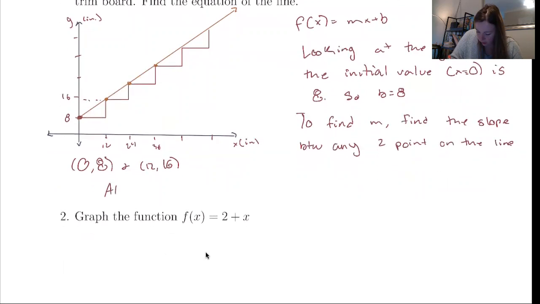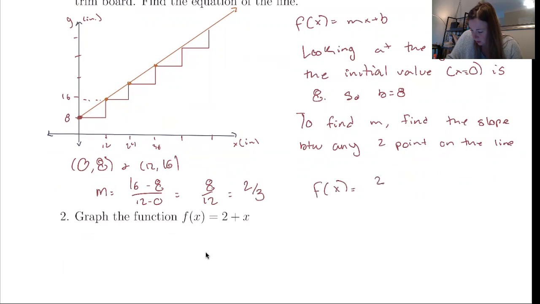So I can find my average rate of change, or we can just call that m, is going to be 16 minus 8 over 12 minus 0, which is 8/12, which is 2/3. So m equals 2/3, and I can put everything together, and I get 2/3 times x.